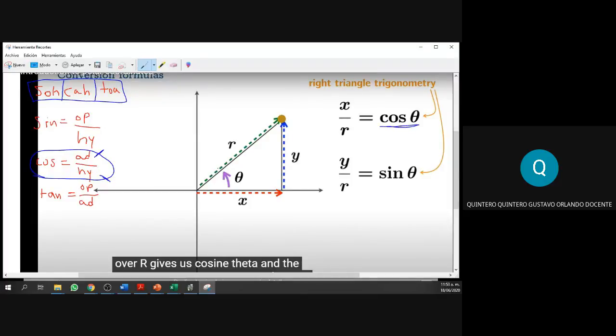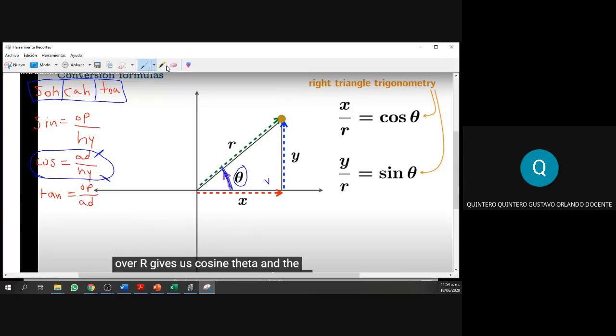So if our angle is theta, the adjacent is x, right? And the hypotenuse is r, which is what we have here. Adjacent over hypotenuse, right? So we are, in fact, applying SOHCAHTOA to our triangle. But that works also with sine.